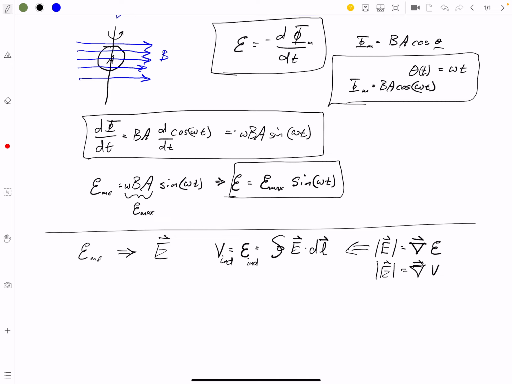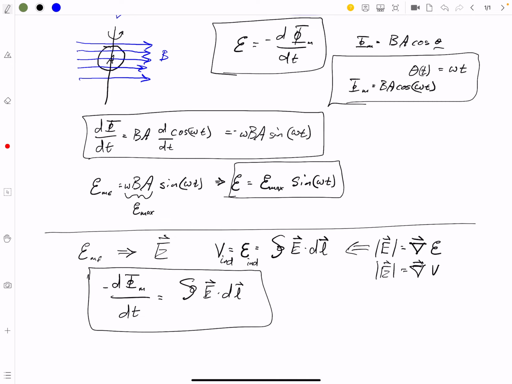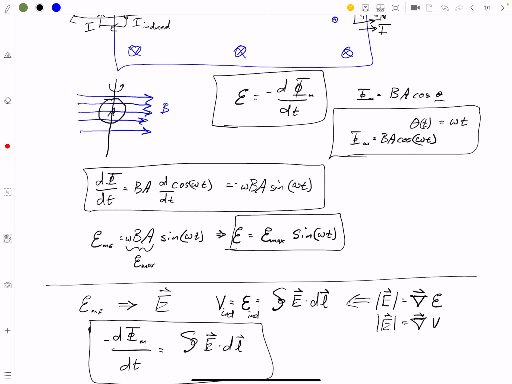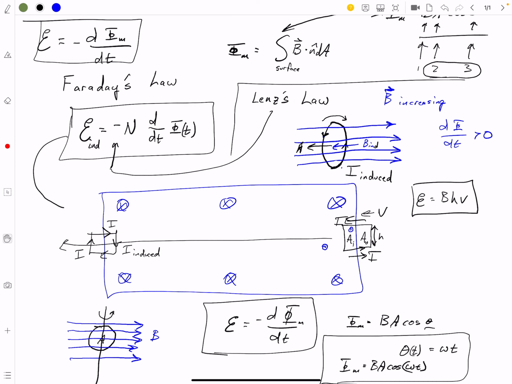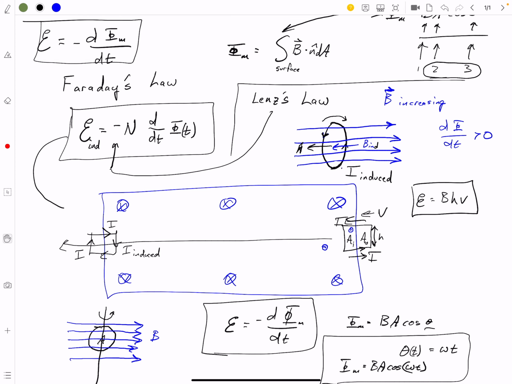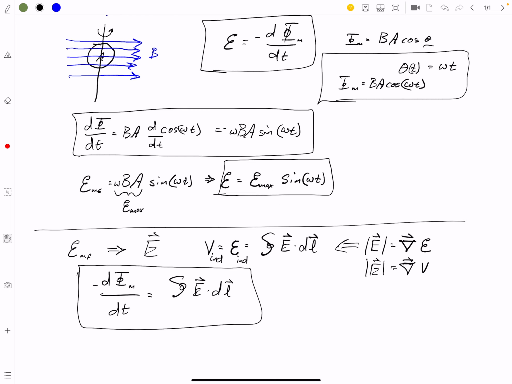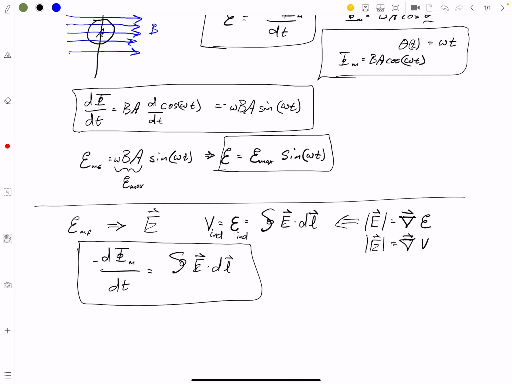So we can then say the last and final thing is that this is the common Faraday version, because we had written Faraday's law there, but the common way that we see it is like this.